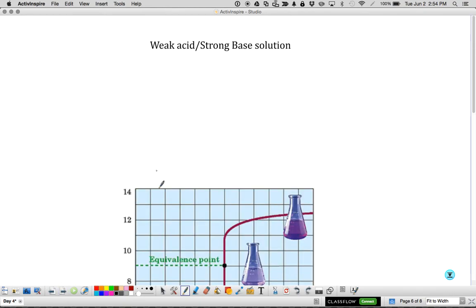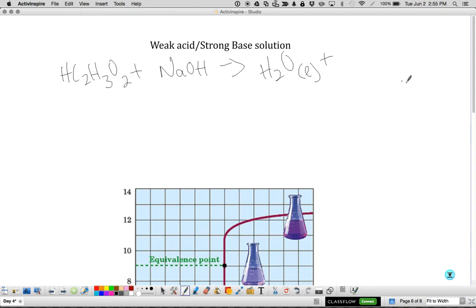Well, what happens if I have a weak acid, strong base? So weak acid, the one that they always use is acetic acid, right? HC2H3O2 plus NaOH is going to yield H2O plus Na plus C2H3O2 minus.